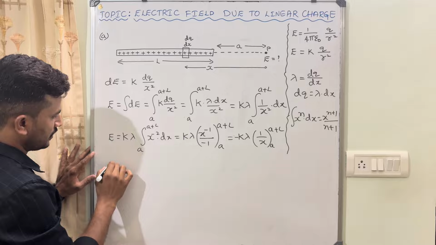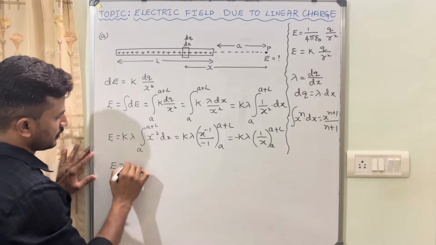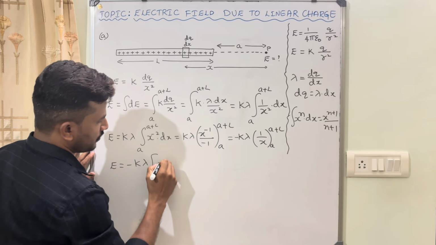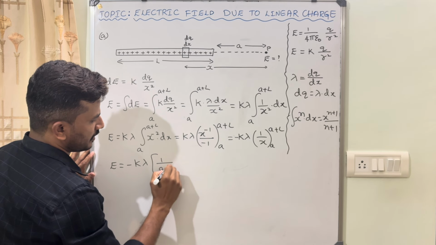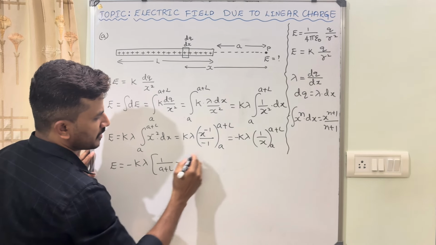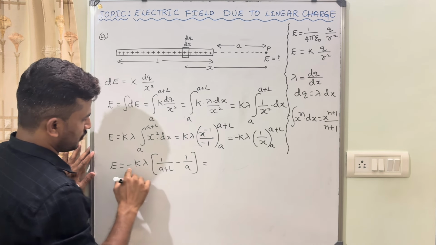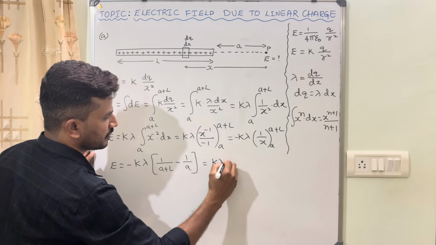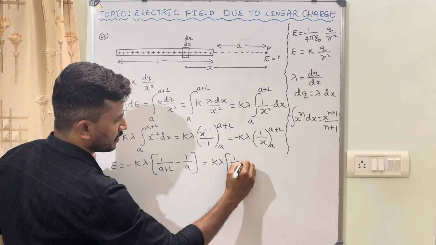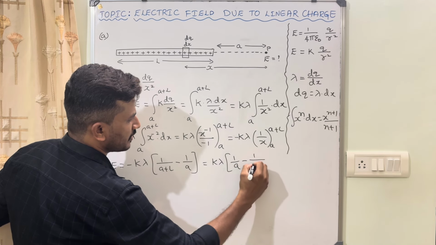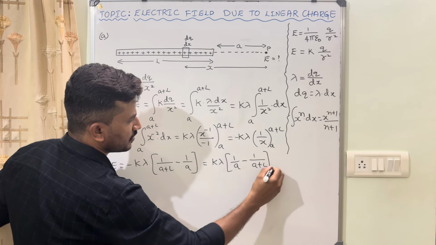So E is equal to minus k lambda, upper limit first, 1 divided by a plus l, minus lower limit, in place of x. That is equal to k lambda, 1 divided by a minus, I will just multiply the minus inside, 1 divided by a plus l. So this is your answer.